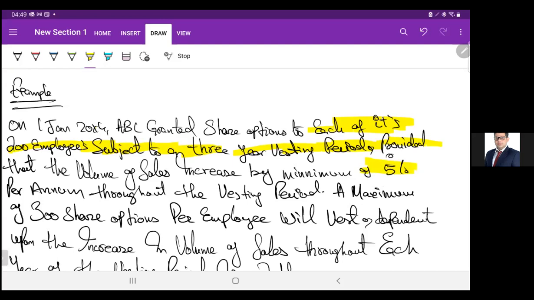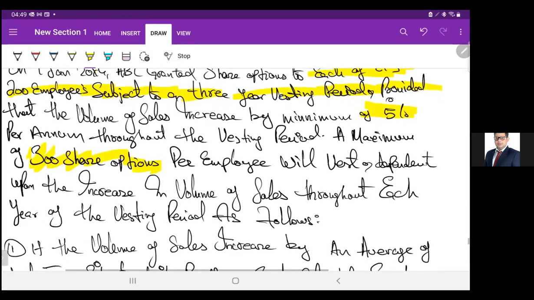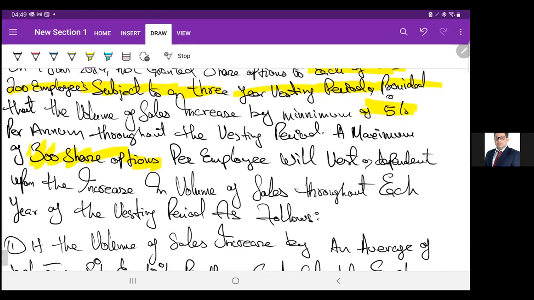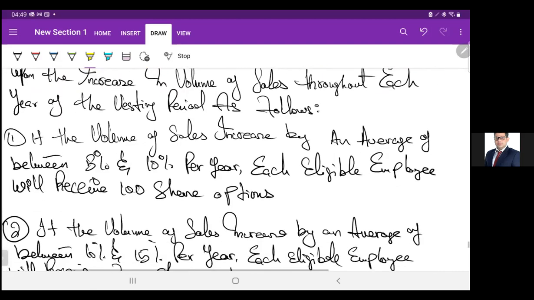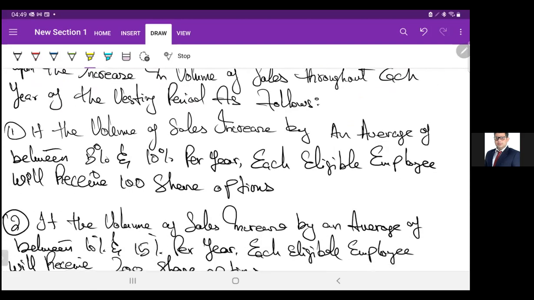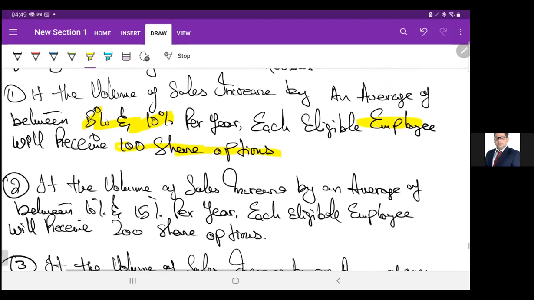A maximum of 300 share options per employee will vest, dependent upon the increase in volume of sales throughout each year of the vesting period as follows. Number one, if the volume of sales increased by an average of between 5% and 10% per year, each eligible employee will receive 100 share options.